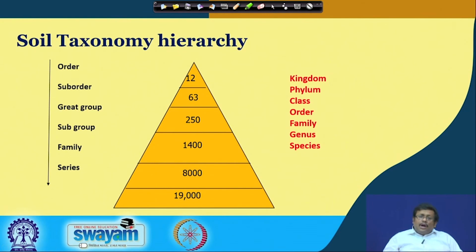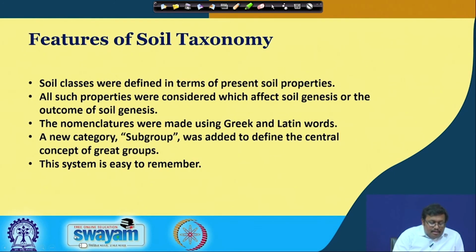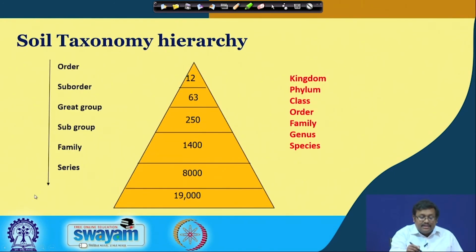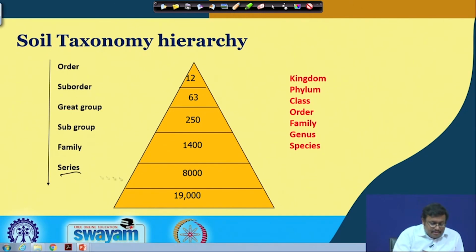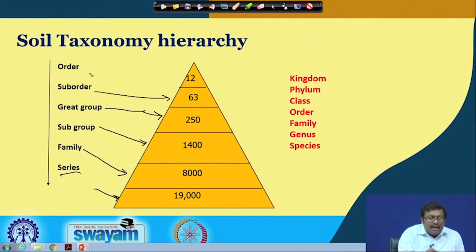Soil taxonomy is a hierarchical system of soil classification, and you will see there are 6 different levels. At the bottom we have the soil series, followed by soil family, followed by subgroup, followed by great group, then suborder and order.